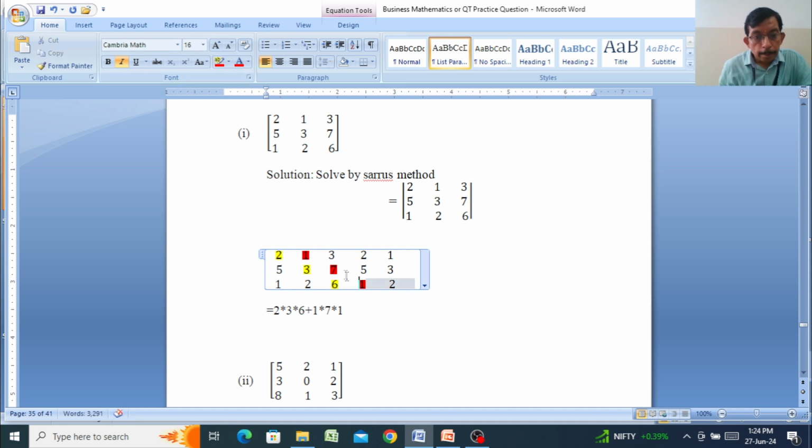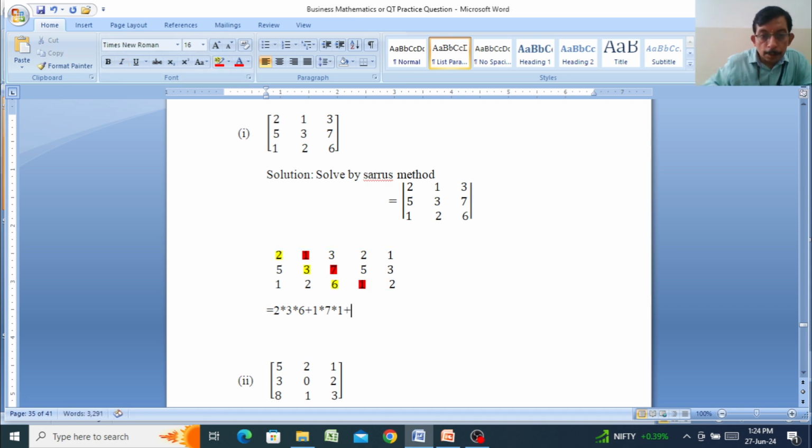Plus take the last column in descending order from the right.